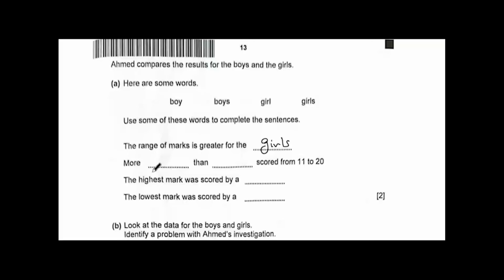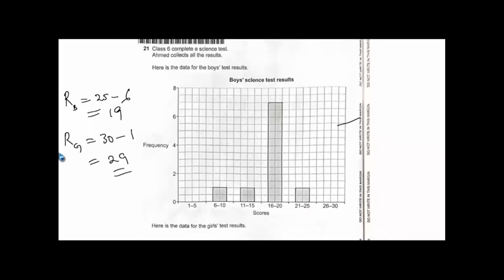And the next one: more dash than dash scored from 11 to 20. So let's go back to the previous page and look for 11 to 20. For the boys, 11 to 20 will be 1 and 7, so that will be 8.